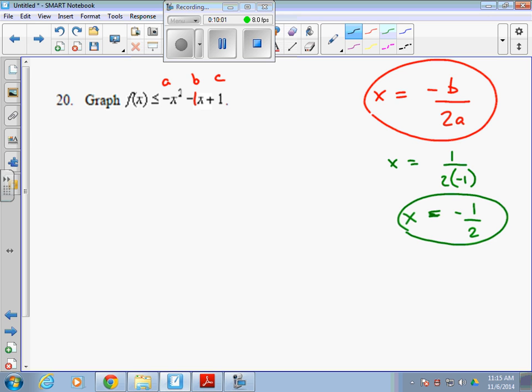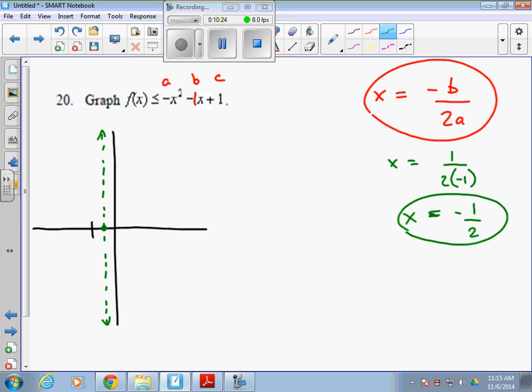So when we graph this inequality, if here is 1, this is negative 1/2 right here. Our x value is our axis of symmetry. From there, we want to find the y value to have the vertex.